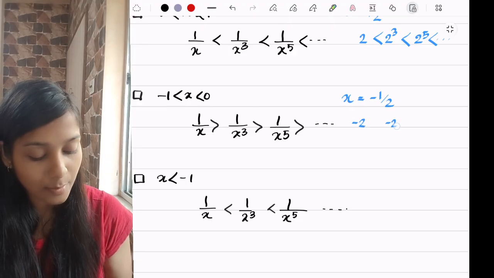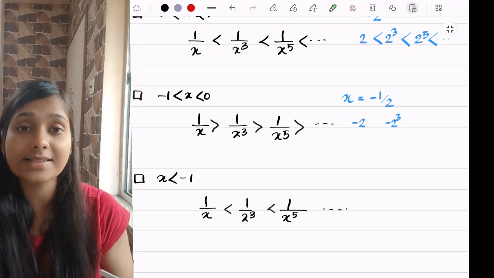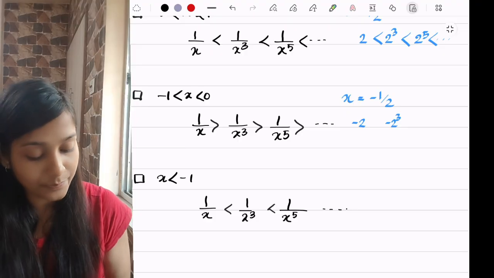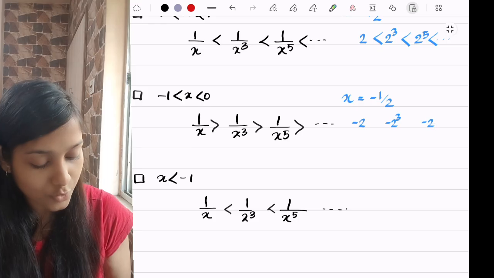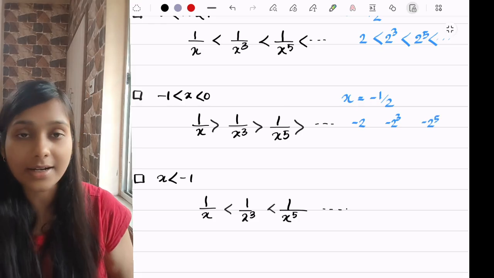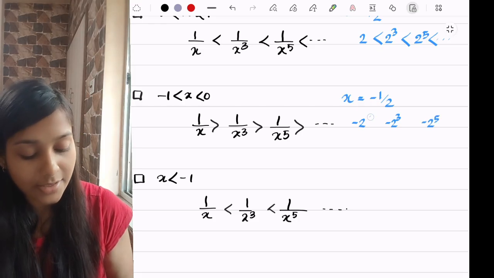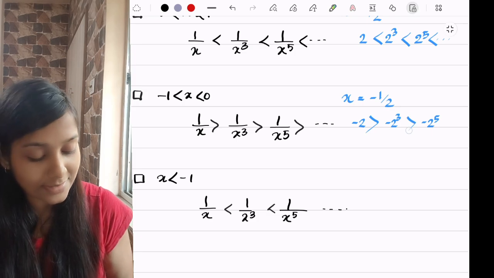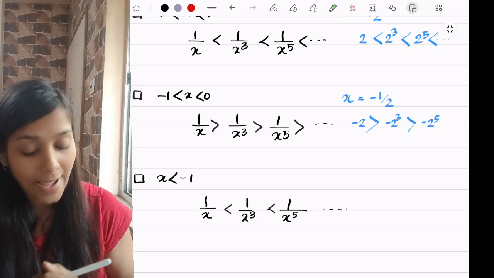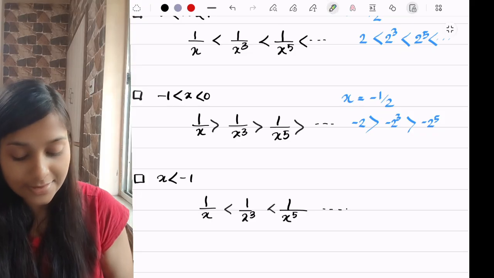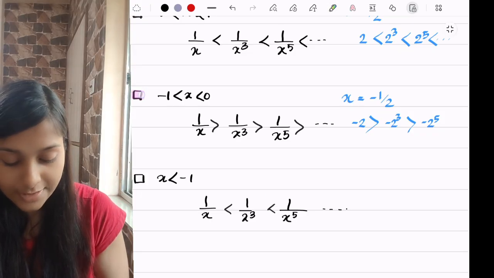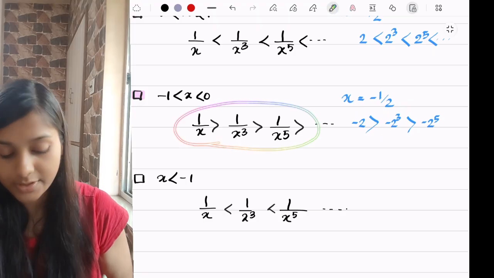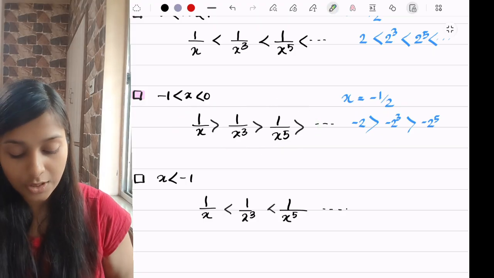Here we will get minus 2 cube, and as it is an odd power, the minus will be outside. Again we get minus 2 power 5, and from here it is obvious that minus 2 is greater than minus 2 cube, which is greater than minus 2 power 5, and so on. So in this region, this inequality holds for any number.